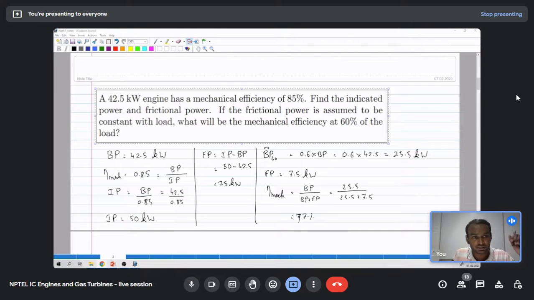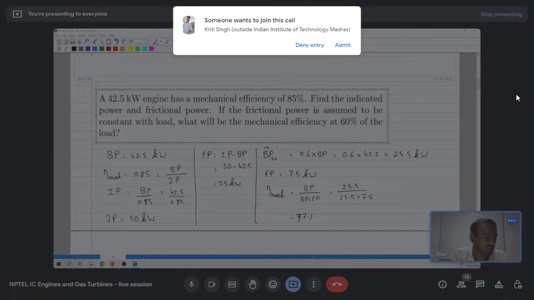In compression ignition, by compressing directly we will attain some temperature like 600 to 700 Kelvin, and when you inject diesel fuel, it should be able to combust even at that temperature. So that's why we select a fuel for a CI engine which has a low ignition temperature.